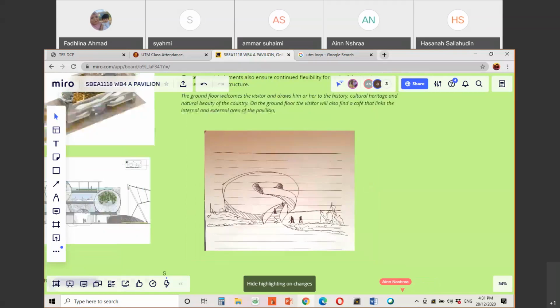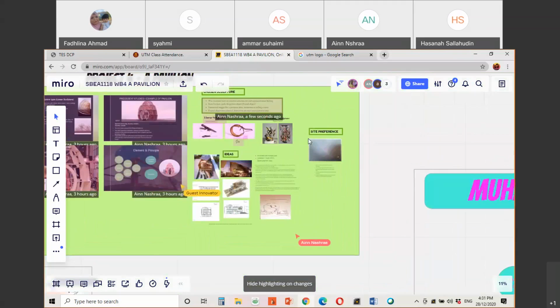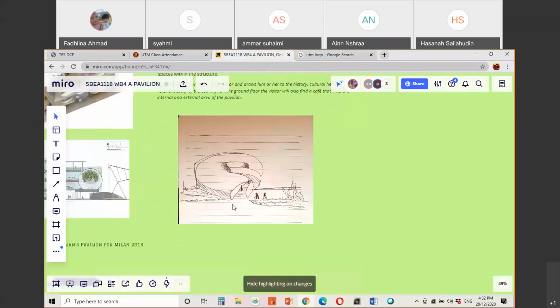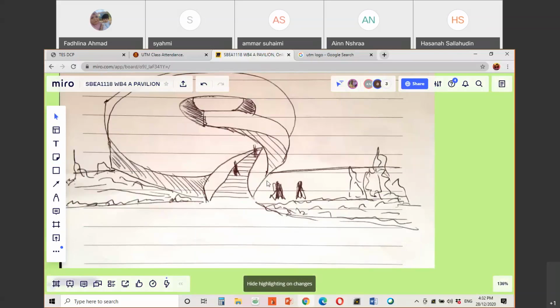If you're talking about assemblage, it is parts of things that have been assembled to create something new, perhaps the combination of different forms and different materials to create this kind of sculptures. So perhaps what you can do is also use a mixture of materials.